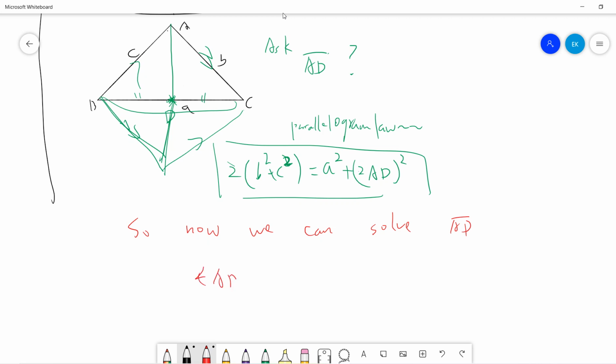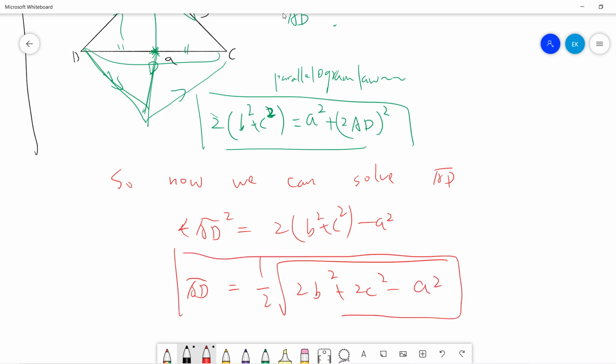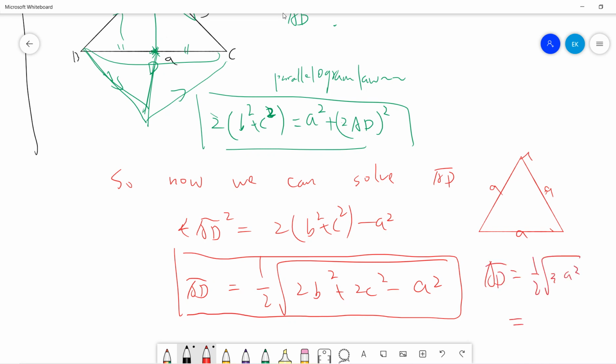We get 4AD squared equals 2b squared plus 2c squared minus a squared, so AD is a half times the square root of 2b squared plus 2c squared minus a squared. Let's see a case: in an equilateral triangle, AD will be a half times the square root of 3a squared, so it's the square root of 3 divided by 2 times a, which is exactly right.